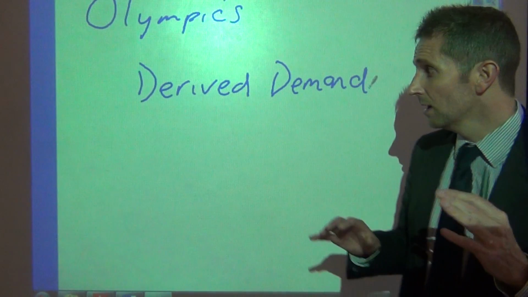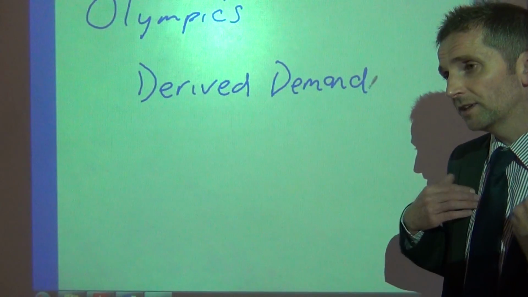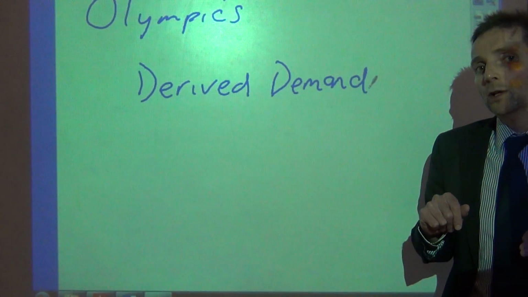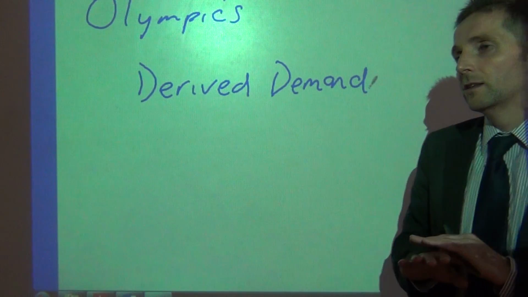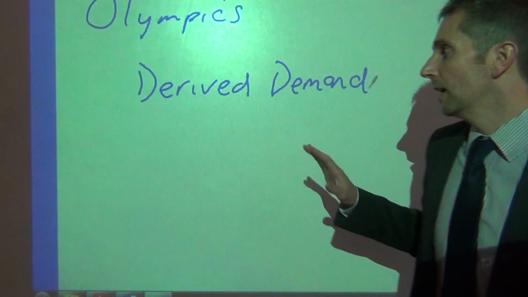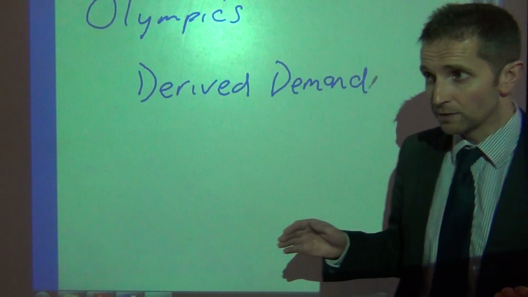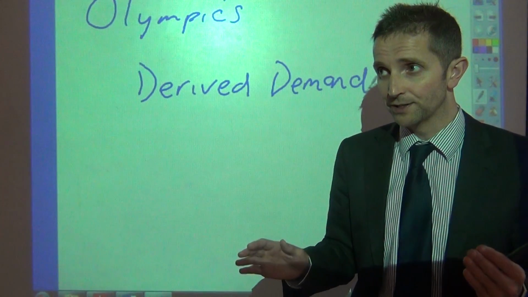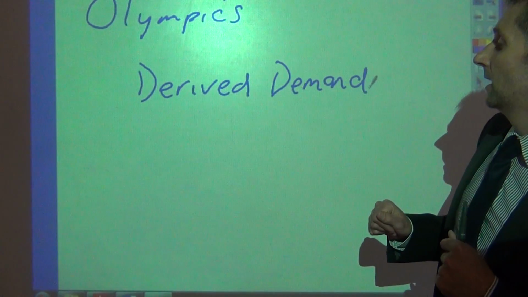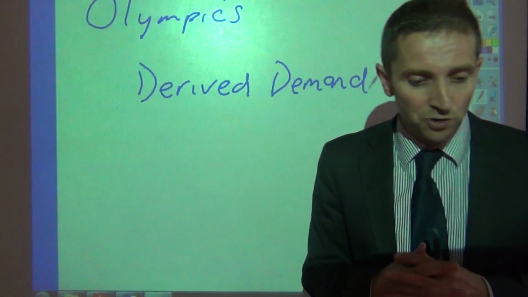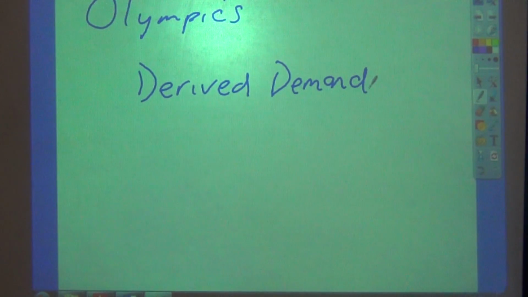But obviously, once these things are built, once the Olympics has been and gone, a lot of these people who were previously employed, they're no longer employed. And so that really puts a drag on aggregate demand, because they may be unable to get other jobs elsewhere, and therefore also acting as a constraint on the economy.